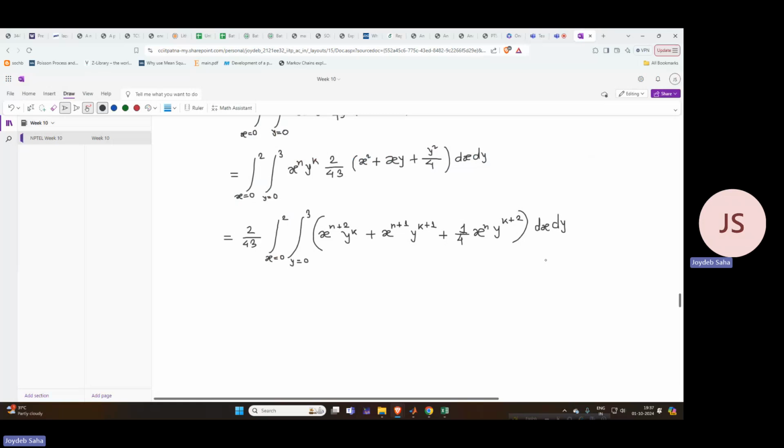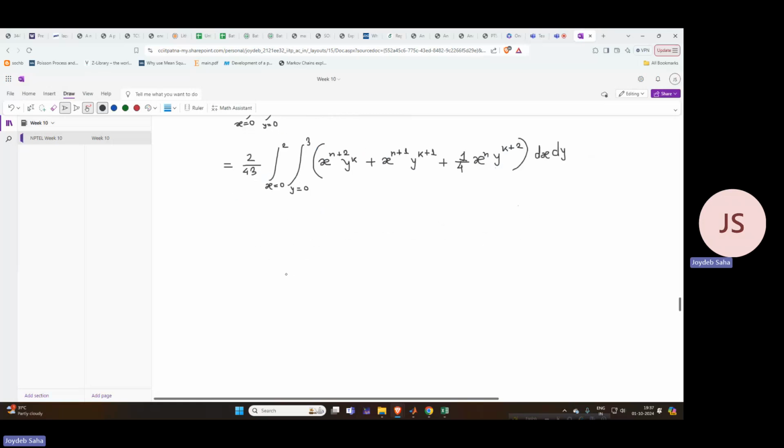Fine. Now let us integrate this. So this is 2 upon 43, x is equal to 0 to 2, and with respect to y we will integrate.